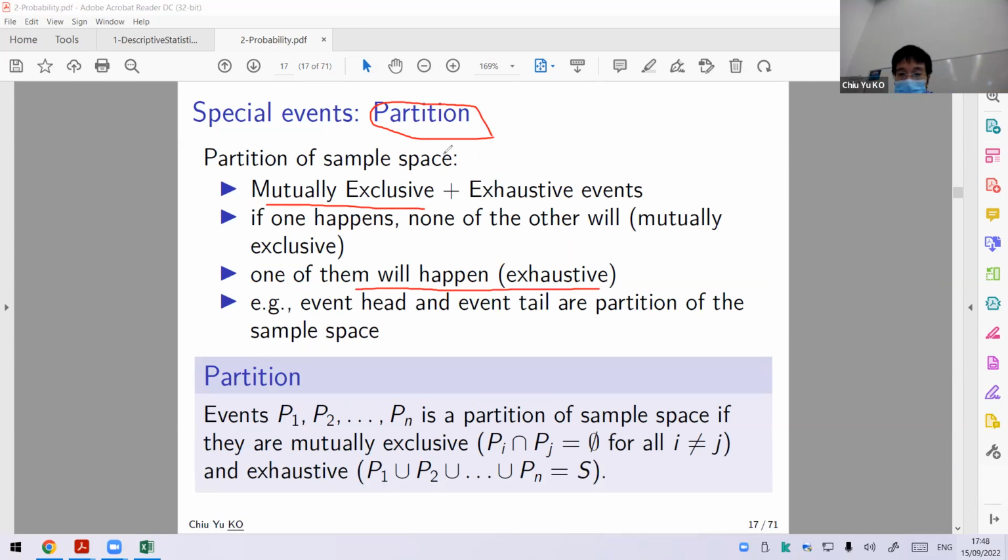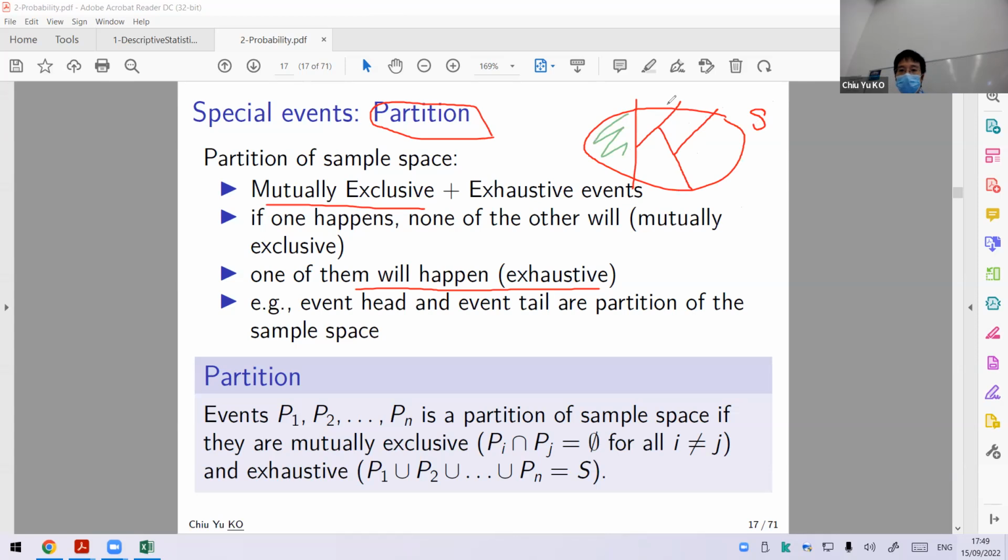That explains why it is called a partition, because you have a room, or what they call the sample space here. Why is it called partition? Because you're like cutting a cake. You cut it in some way and the pieces don't overlap. If this thing happens, the other will not happen.